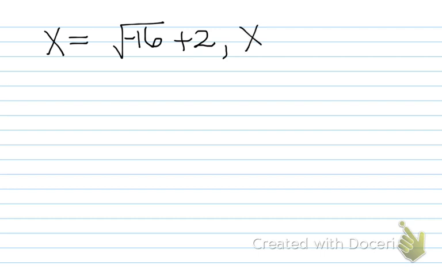We now need to simplify the square roots. The solutions again were x equals the square root of negative 16 plus 2, comma, the other solution, x equals a negative square root of negative 16 plus 2.